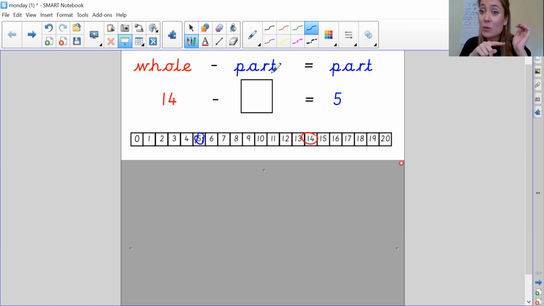Good, I'm going to take away from 14 and land on 5 and see how many I've taken away. So you ready to count with me? 1, 2, 3, 4, 5, 6, 7, 8, 9. Good. 14 take away 9 equals 5.